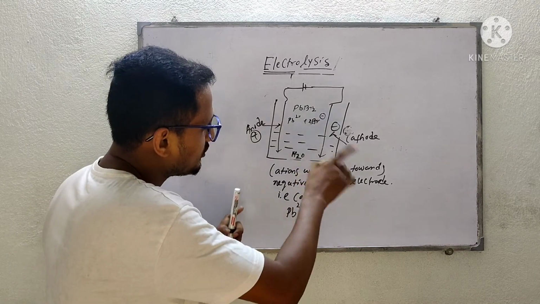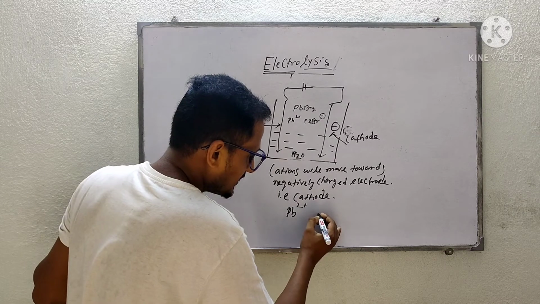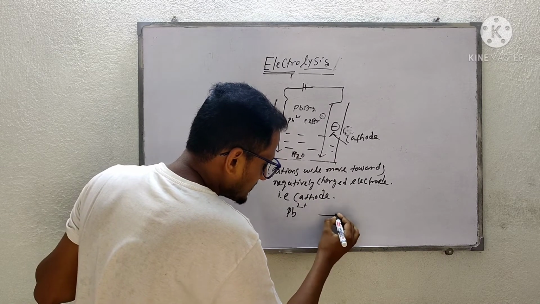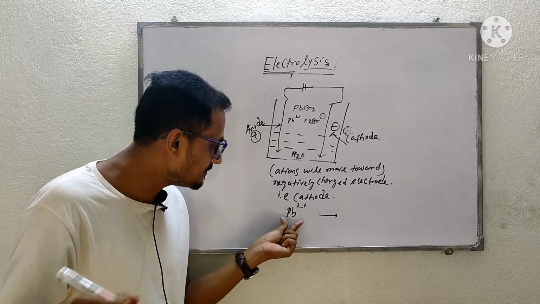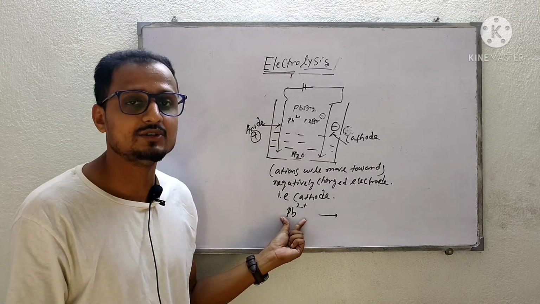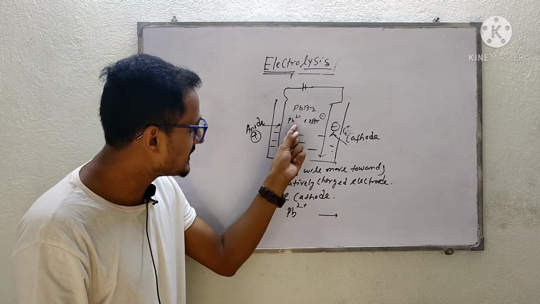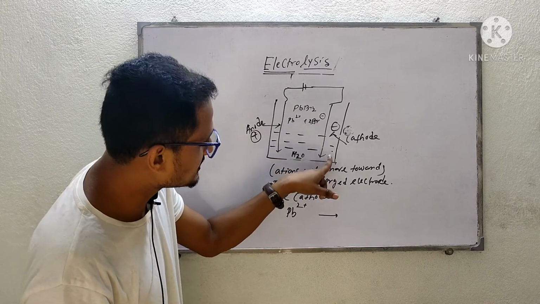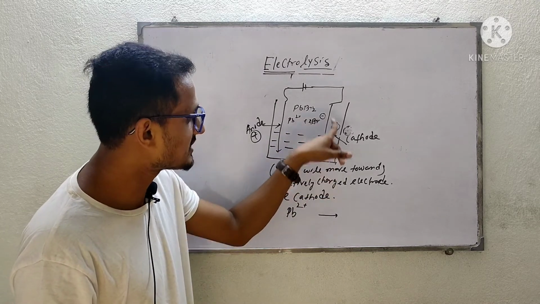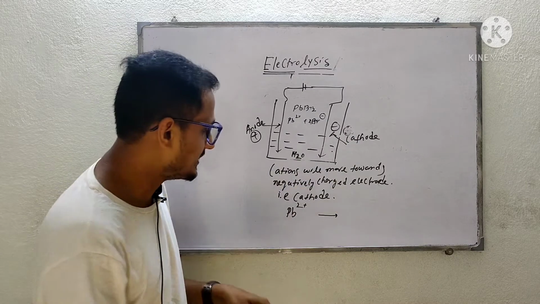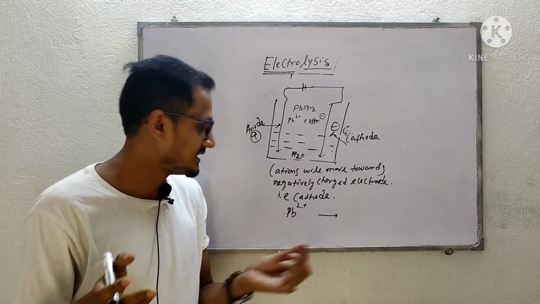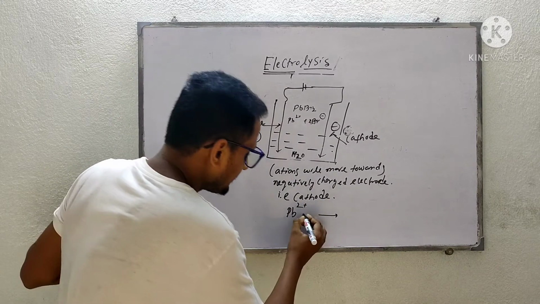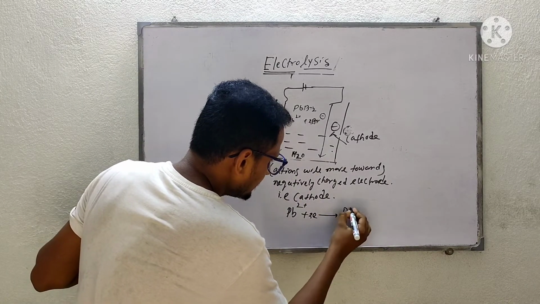This Pb2+ will go towards this cathode and take up electrons, because it will try to make itself a neutral element. So the Pb2+ cation will go towards the negatively charged electrode and will take an equal number of electrons to neutralize the charge.